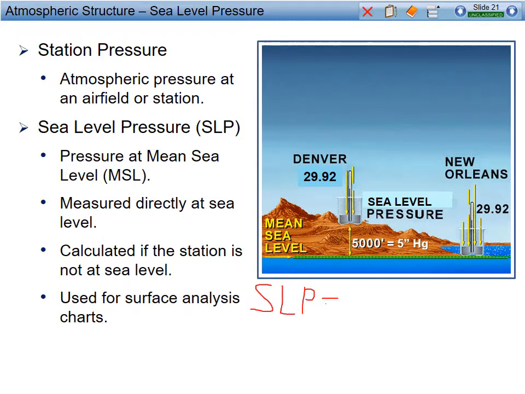The way we calculate this is by using the equation: sea level pressure is equal to station pressure plus field elevation.